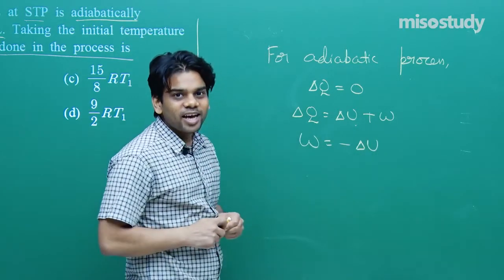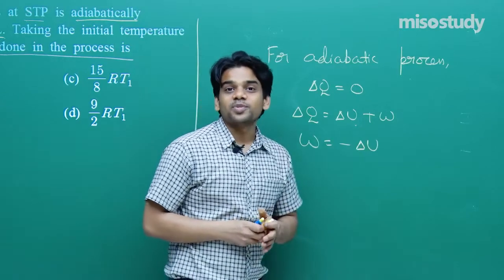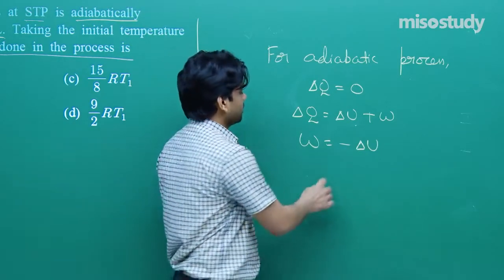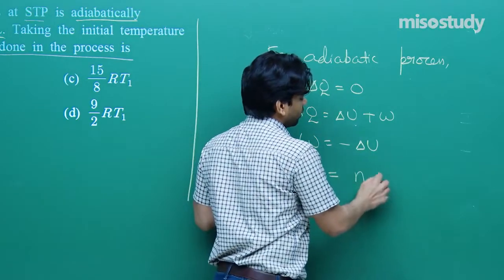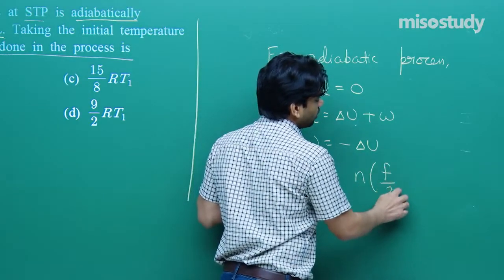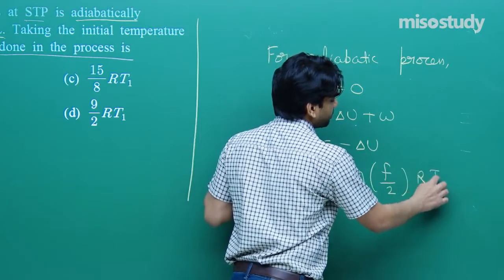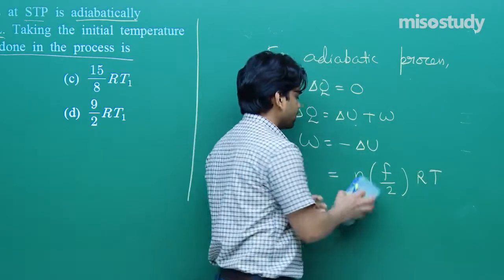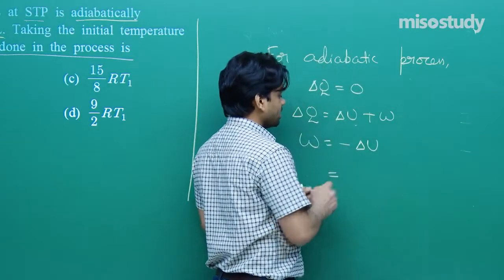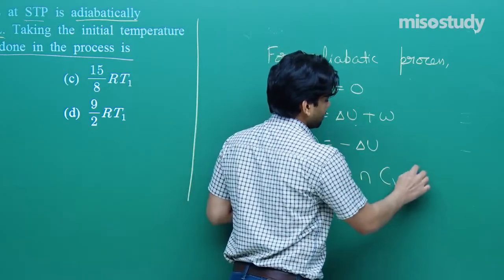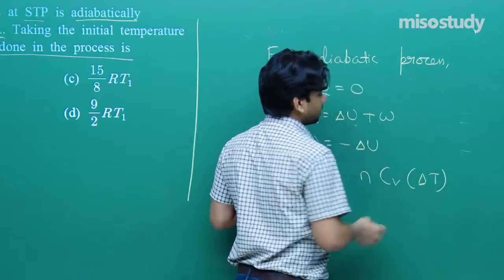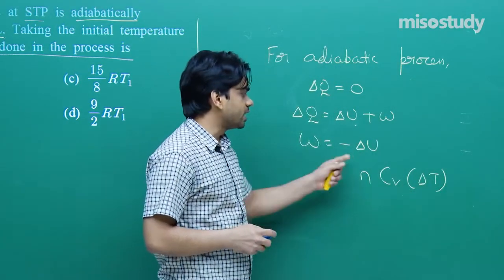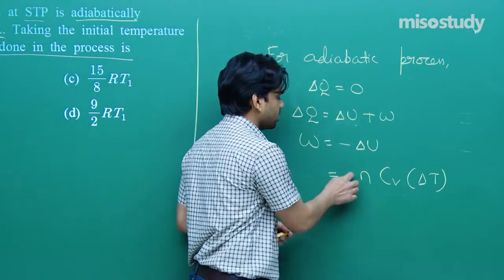And I have told you with respect to degree of freedom what will be the value of delta U, that will come out to be N F by 2 RT. This is what we can say. Or before that, let me tell you, it is N CV delta T, that is what we can say about the value of delta U. We can write in this way, and the minus sign was there.